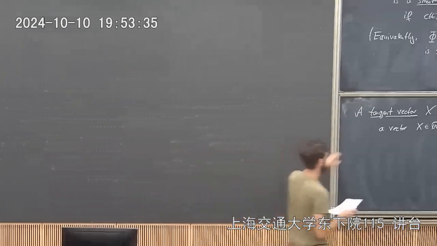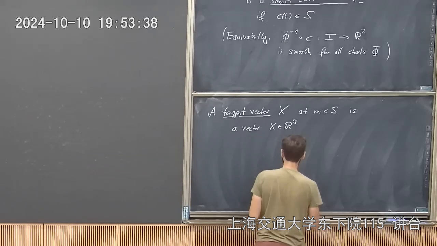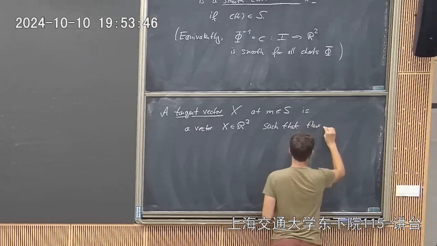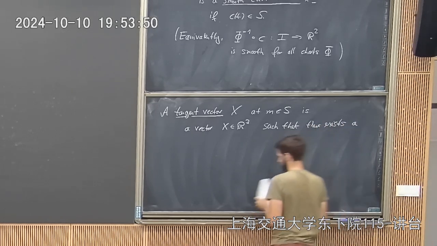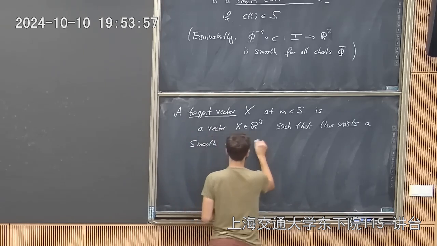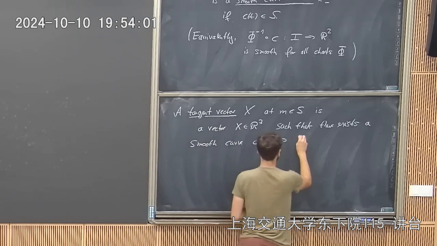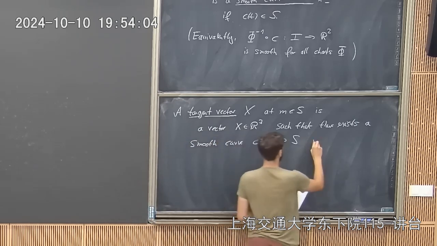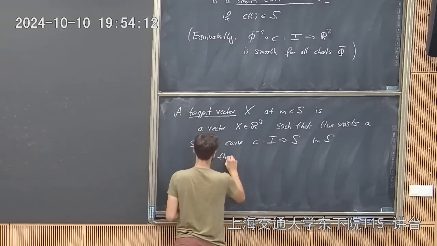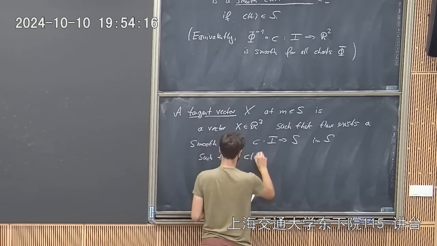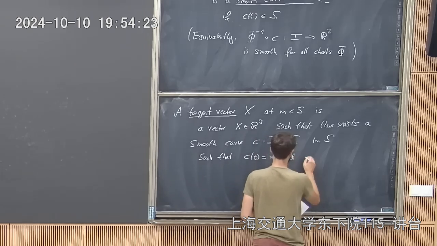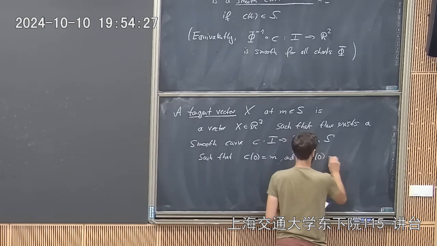And the way we talk about that is in terms of curves. We have a smooth curve in S such that it starts at that point M, and we take a time derivative to get a vector.